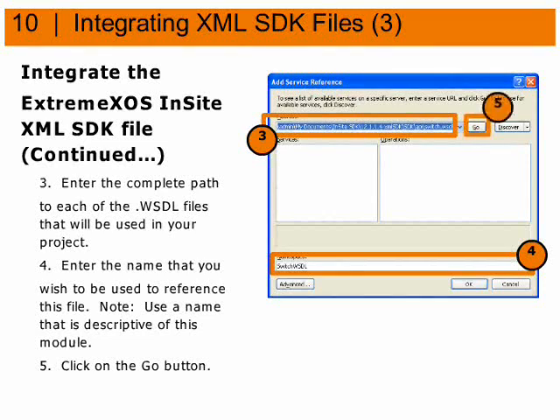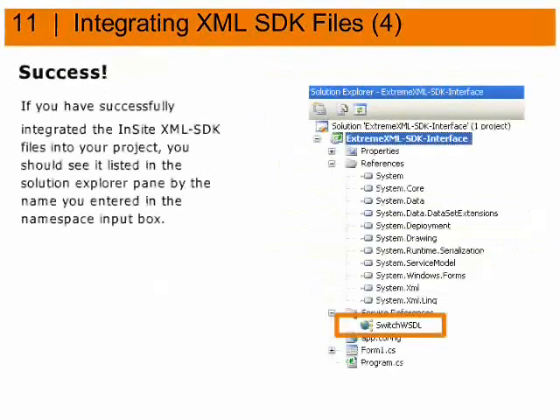Step 5. To make the magic happen, click on the Go button. If you have successfully integrated the InSite XML SDK files into your project, you should see it listed in the Solution Explorer pane by the name you entered in the namespace input box.